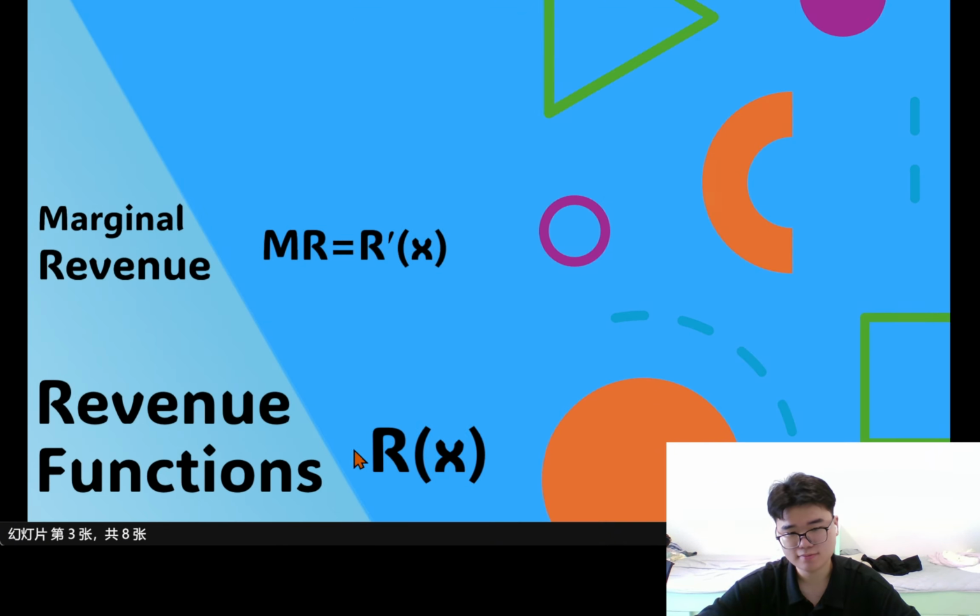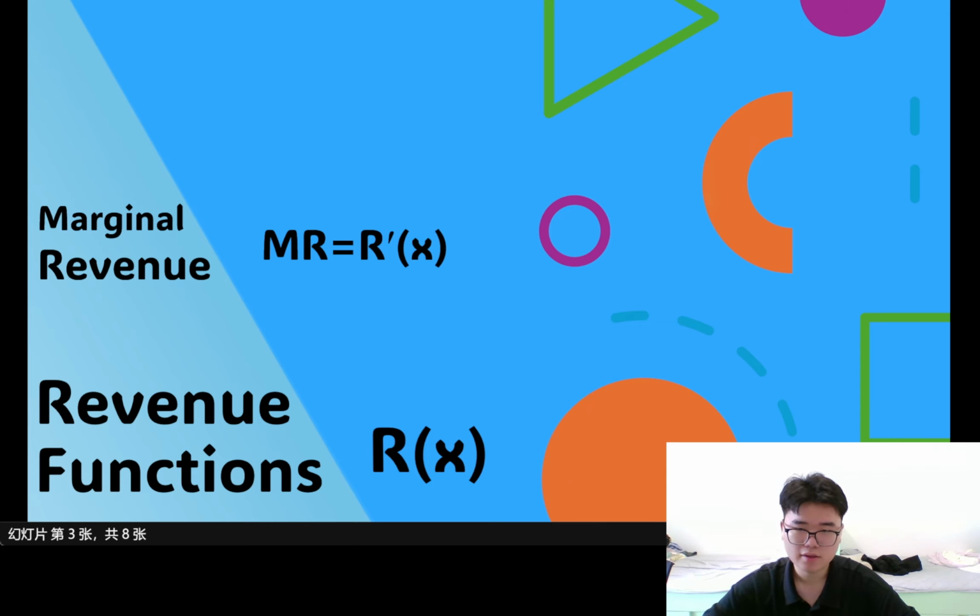Revenue function R(x). The revenue function is a function that describes the total revenue a company gets from selling a certain number of products or services. These functions directly reflect the relationship between sales volumes and revenue.